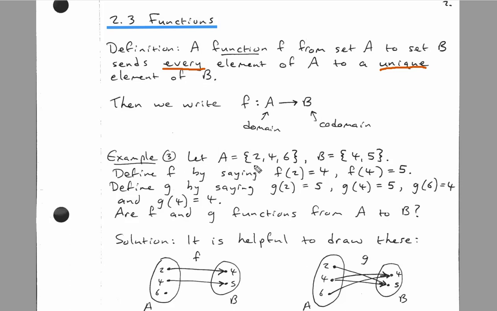Example 3, let A be this set, let B be this set. Let's set up a function, or, well, maybe a function. So this f sends 2 to 4 and 4 to 5.